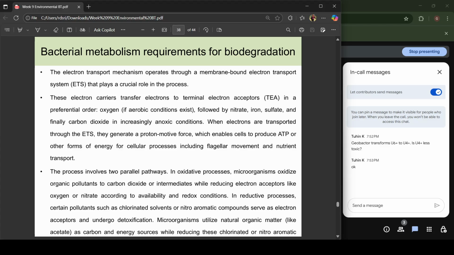In this case, microorganisms need organic matter to act as carbon and energy source while reducing the chlorinated or nitroaromatic compounds. In oxidative processes, the microorganisms can utilize the pollutant itself as the energy and carbon source. In reductive processes, apart from the pollutant, they need some organic matter to act as an electron donor.